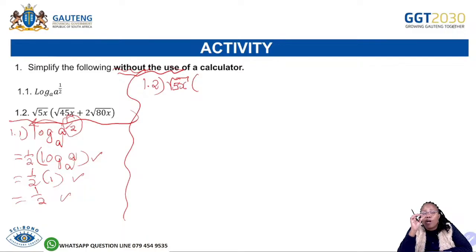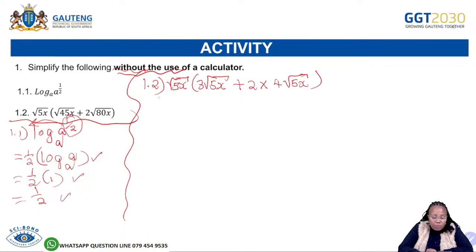That calculator, we are using it just to check the simple surd of square root 45, and this will give us 3 square root 5 x, and then now this is plus 2 times simple surd of square root 80, that is 4 square root 5, and then x, close bracket.